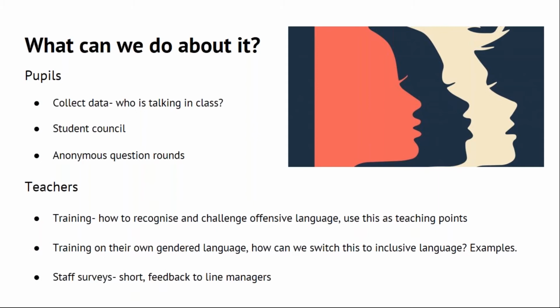But also for those pupils who aren't doing that, and who maybe need other ways in which they can share their voice, an anonymous question round in schools, and this can be done in governors' meetings as well, making sure that people are getting across their viewpoints, but maybe they don't want to tell them to the whole group.